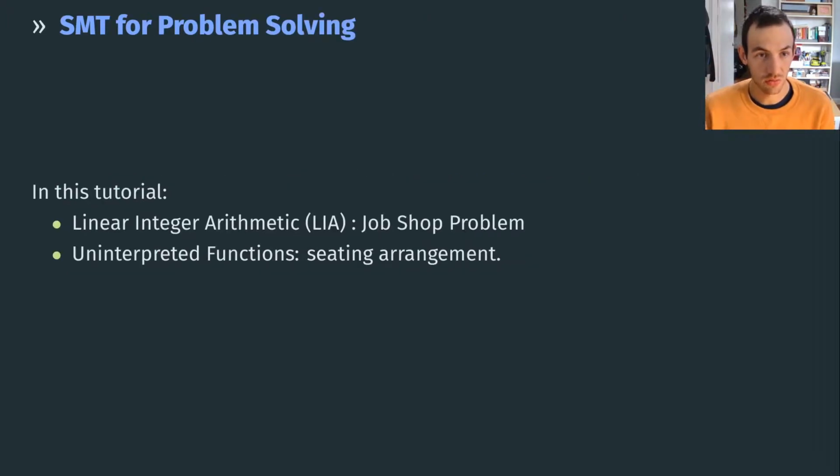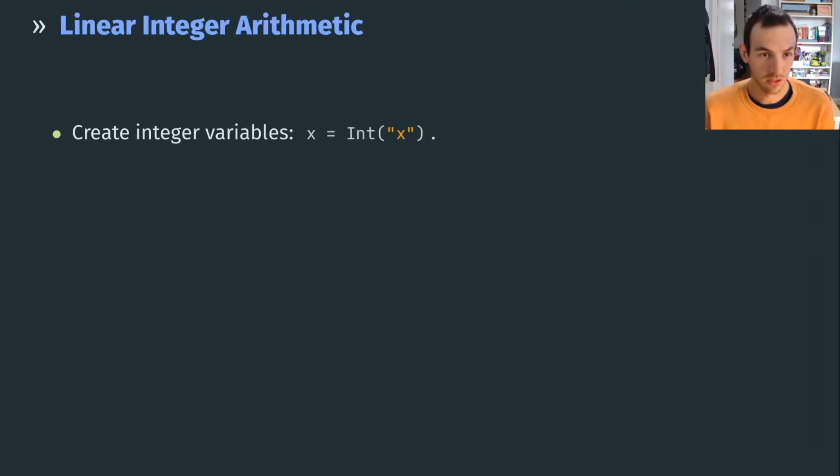In this tutorial we're going to see how to use linear integer arithmetic formulas to encode the job shop problem and solve the job shop problem using Z3 as a SMT solver. And then in a second part we're going to look at how to use uninterpreted functions to solve the seating arrangement problem.